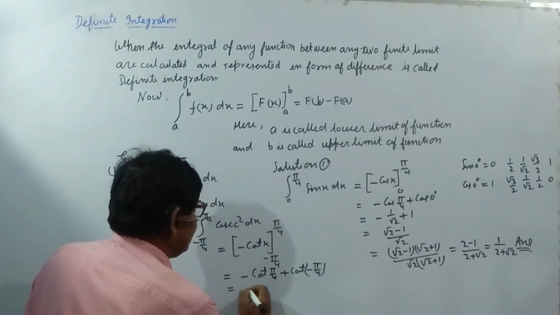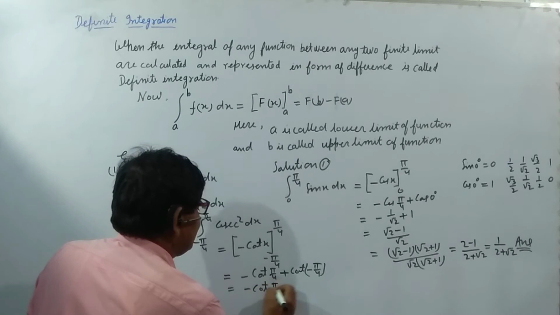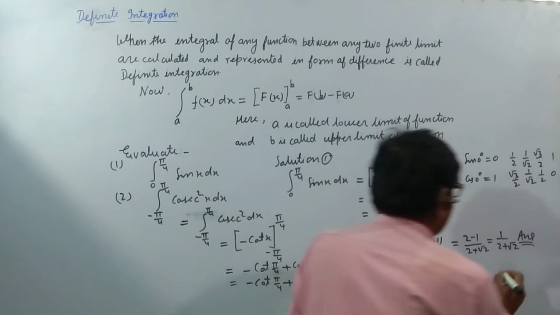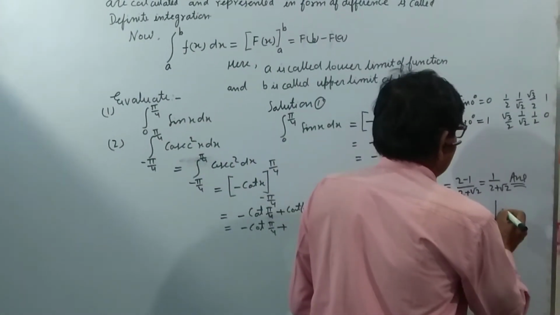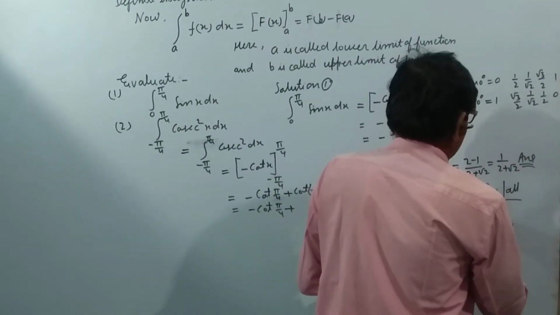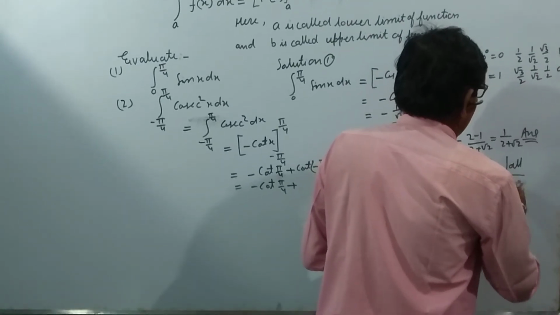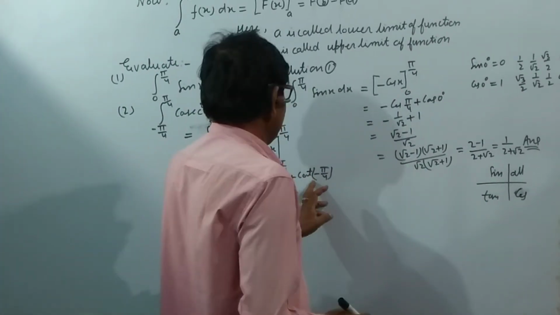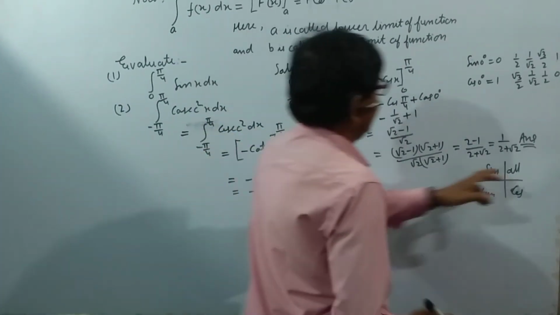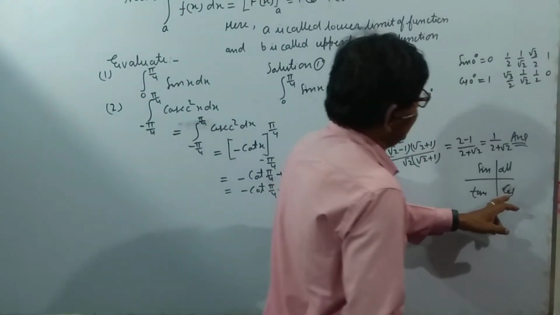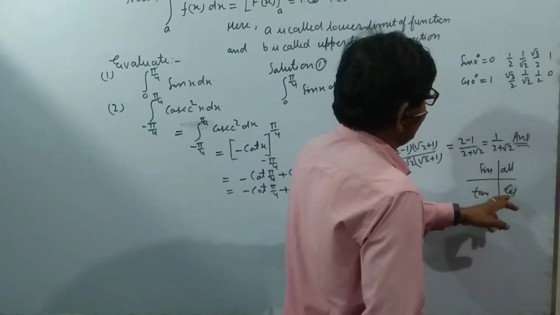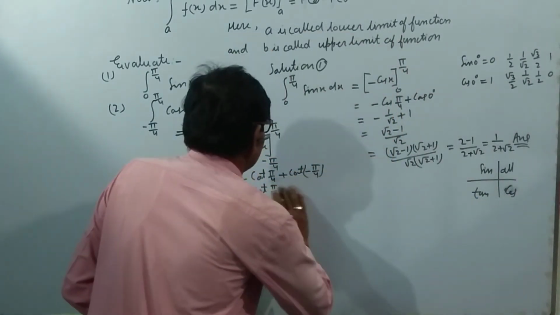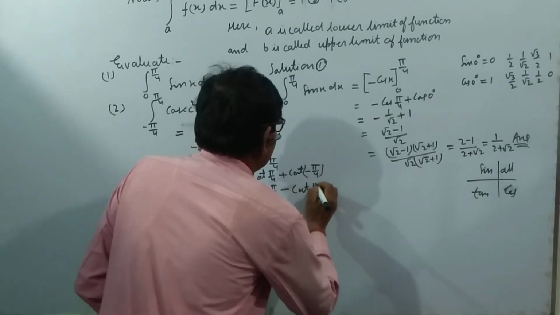As you know, cot of minus theta: all sin tan cos, the ASTC rule. In this case, for minus theta, in the fourth quadrant only cos and sec are positive and cot is negative, so this is equal to minus cot pi by 4.